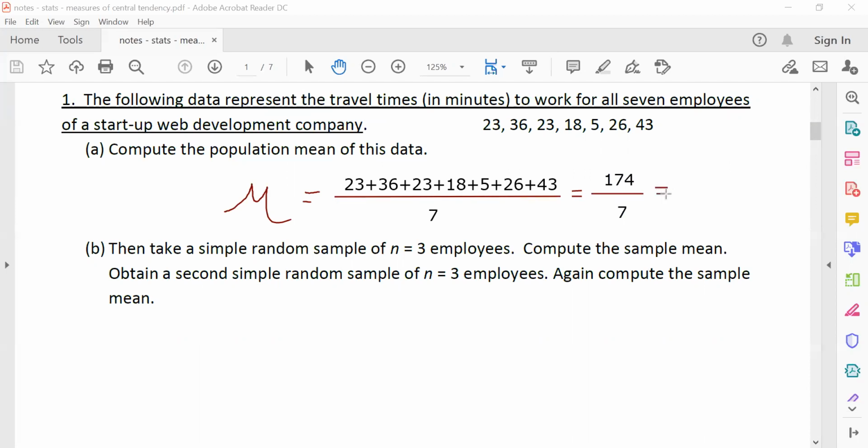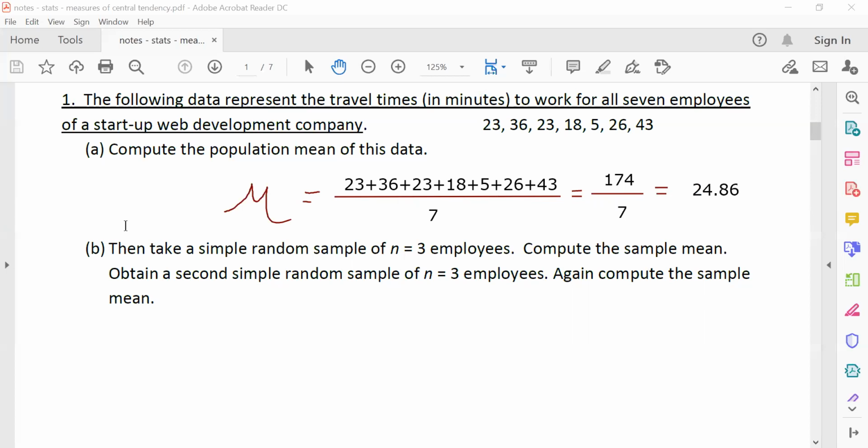So now you do that computation, 174 divided by 7, and we'll round it to about 2 decimal points. Dividing by 7 can usually be a perilous business. It's about 24.86.